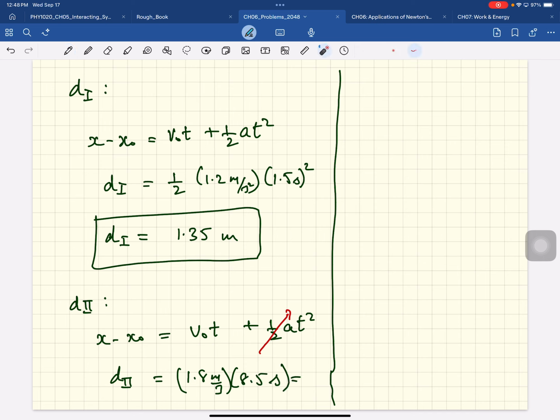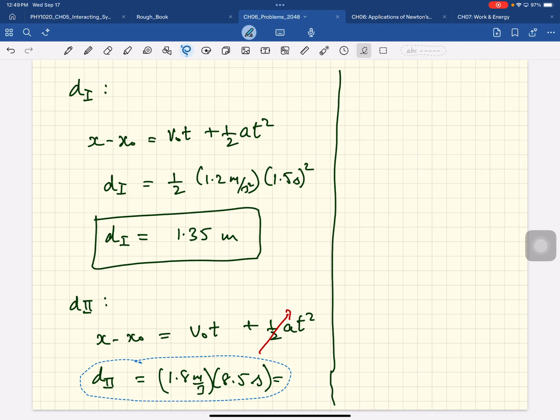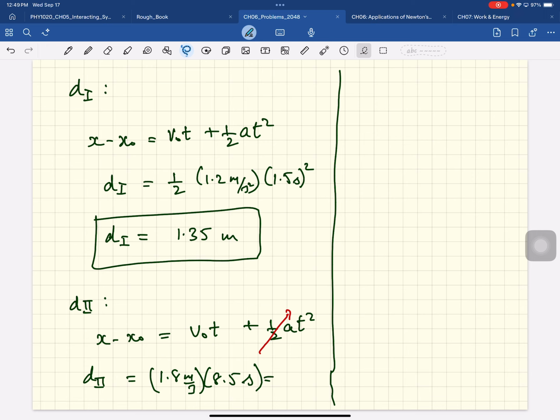So that's where most of the distance is covered. So 15.3 meters.